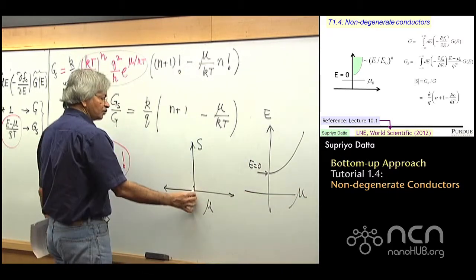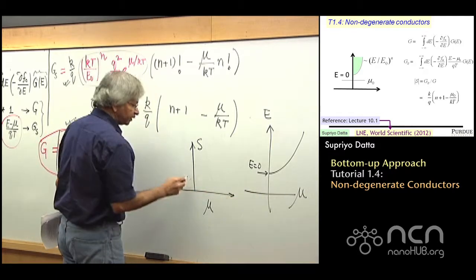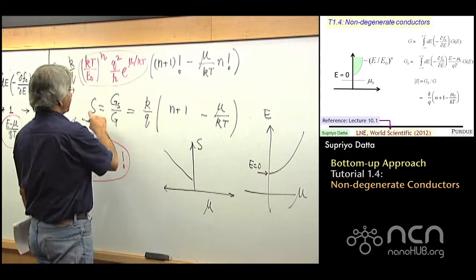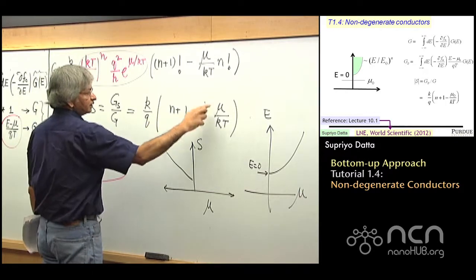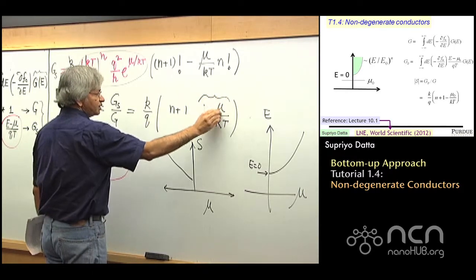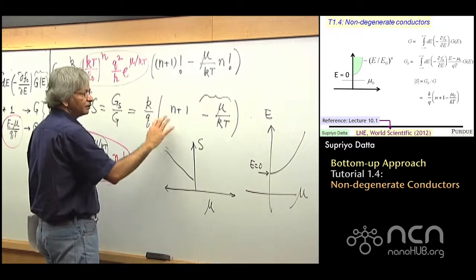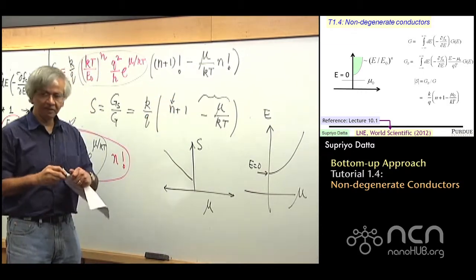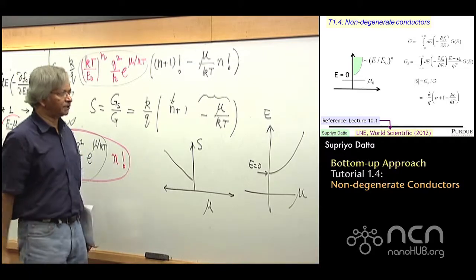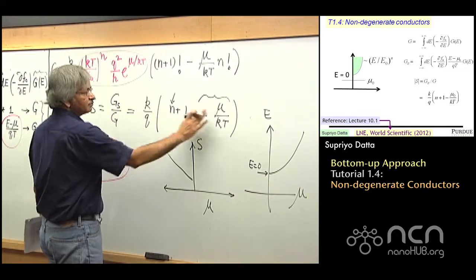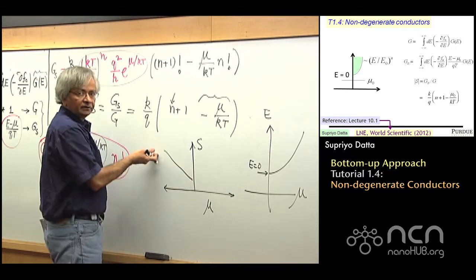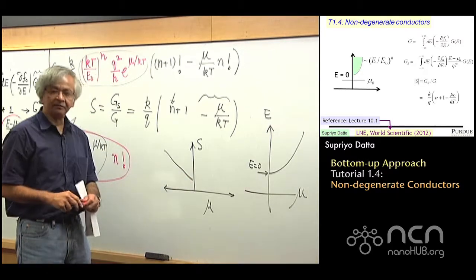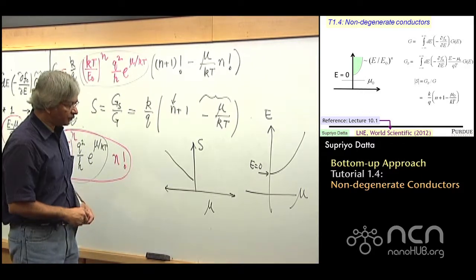As mu goes further and further negative, the magnitude of the Seebeck coefficient keeps increasing, because there's a mu over kt. When mu is 0, it goes to this value, and that value depends on exactly what the integer n is. But regardless of n, the variation of S with mu is linear, like so. This has been observed experimentally and is widely believed to be true.